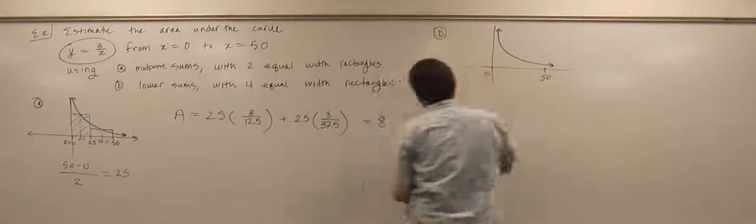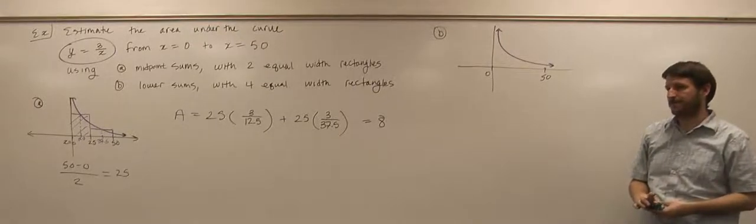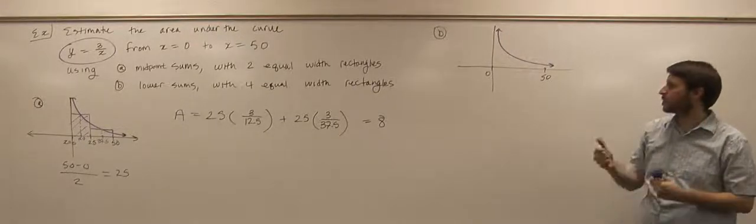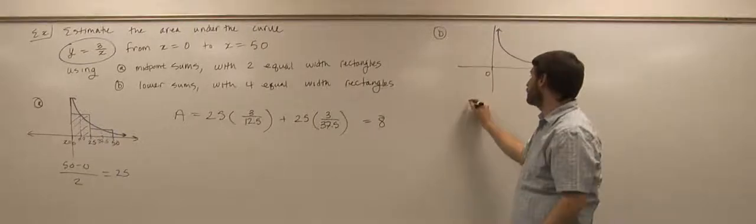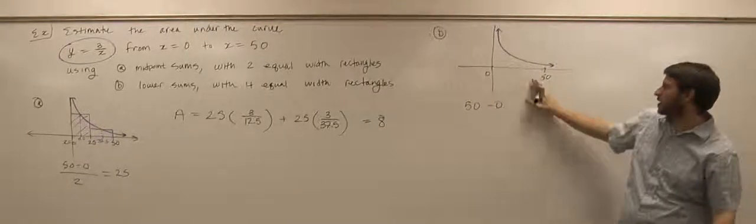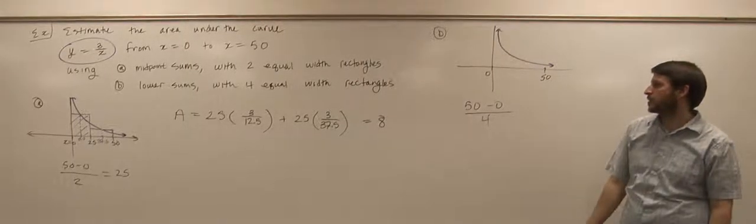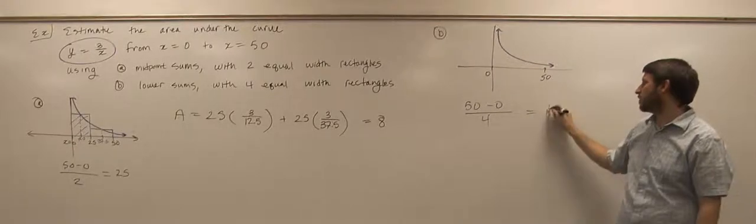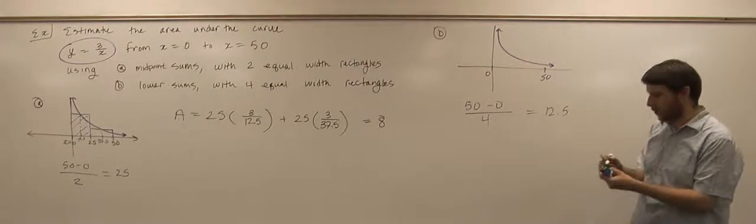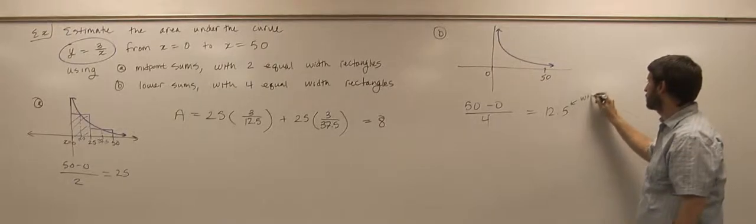So I need to recalculate my width as well, since I have 4 rectangles. What's my width going to be now? 12.5, right? You do 50 minus 0, because that's the entire length of your interval, divided by 4 rectangles. So 50 over 4 is 12.5. This is the width of each rectangle.